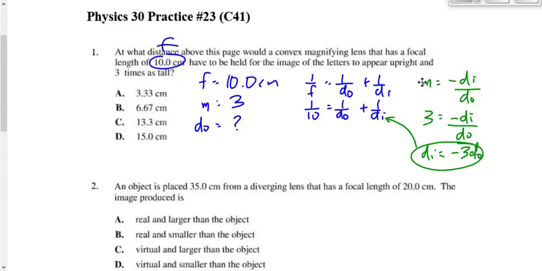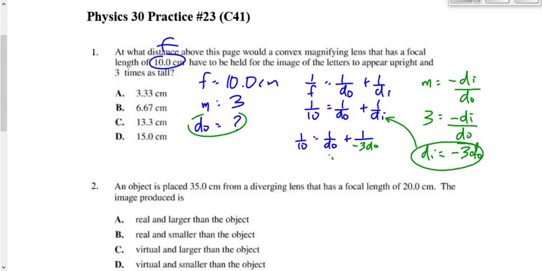So it becomes 1 over 10 equals 1 over do plus 1 over negative 3 do. Do you see what I've done there? Now, Jake, why did I not rearrange that to solve for do? Well, because I could have done that and subbed it into here, but then I would have ended up solving for di in this equation, and I'm looking for do, right?